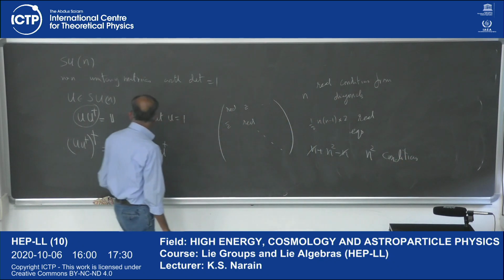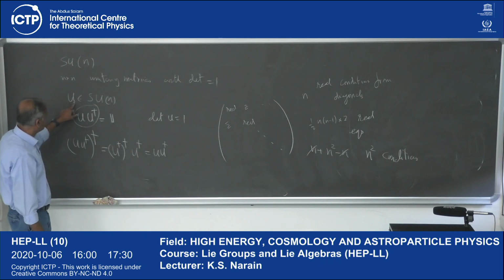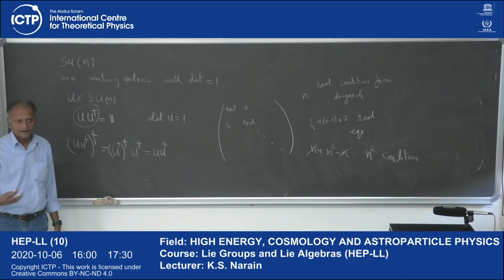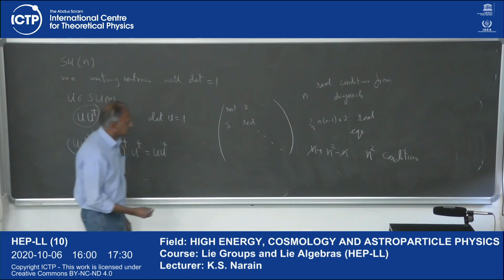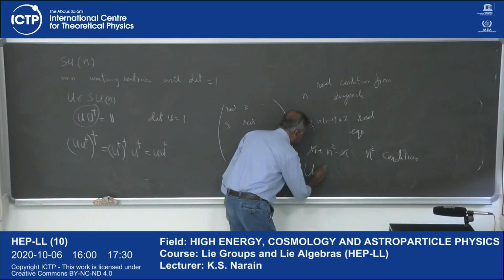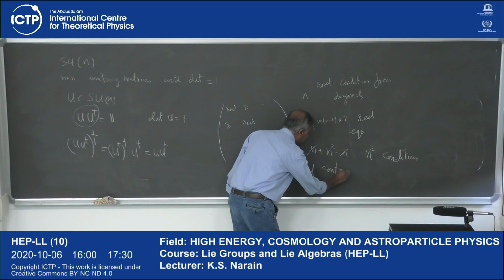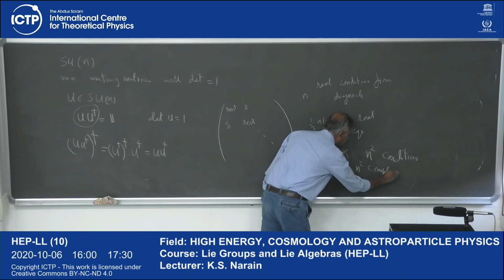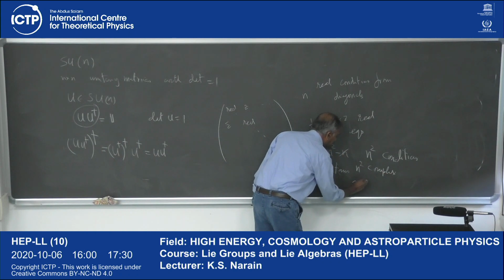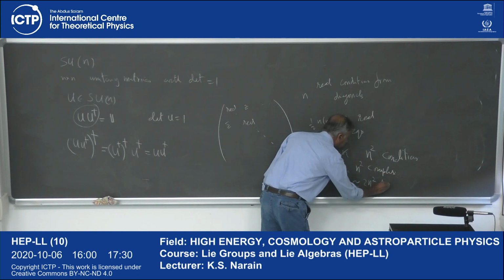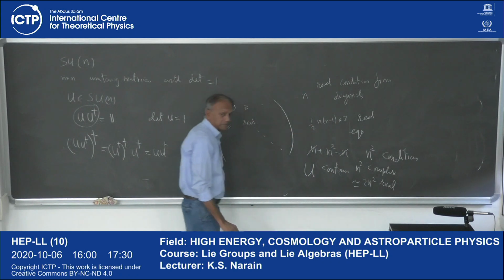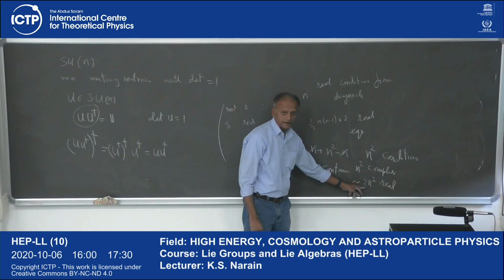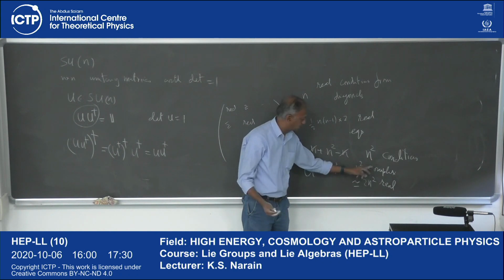But the original U matrix itself has n squared complex entries, so you have 2n squared real variables. So U contains n squared complex, or equivalently 2n squared real variables, and we have n squared real conditions.